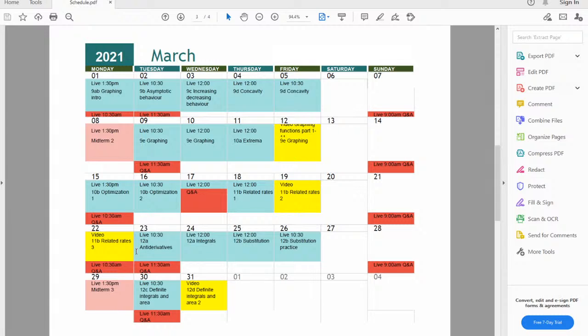So be aware that, like always, we are going on with the topics even though the midterm is delayed, so that you can maybe catch up, just like it's always been. Related rates is the last topic relevant for midterm 3. So it'll go from graphing March 1st all the way to related rates.